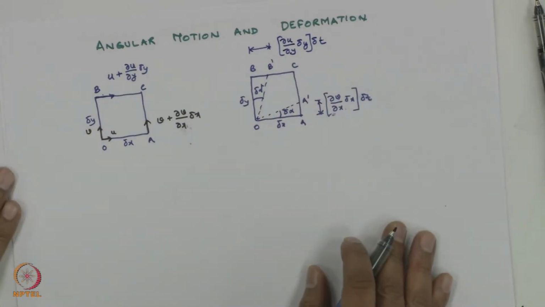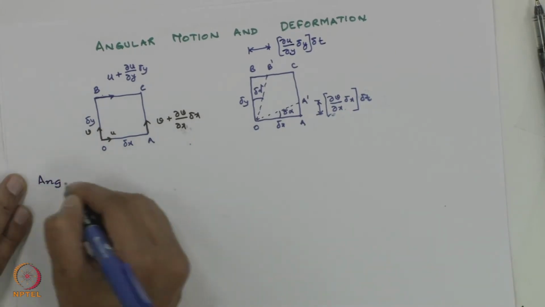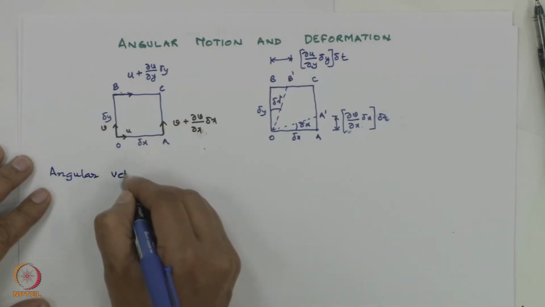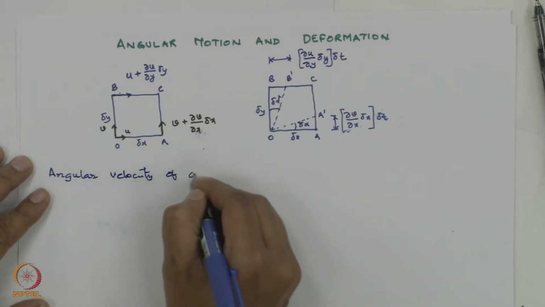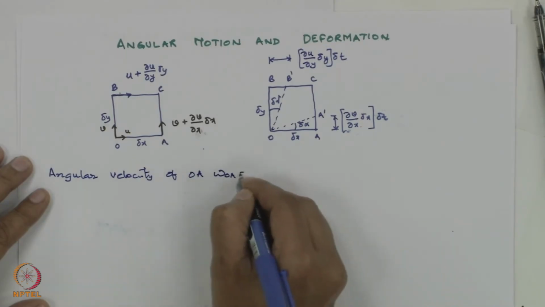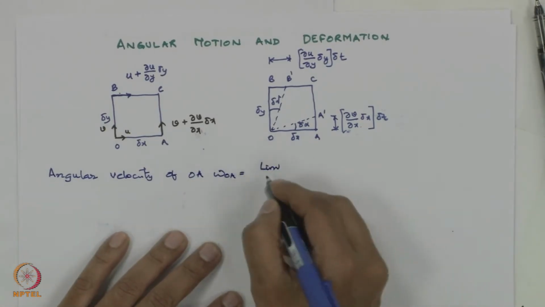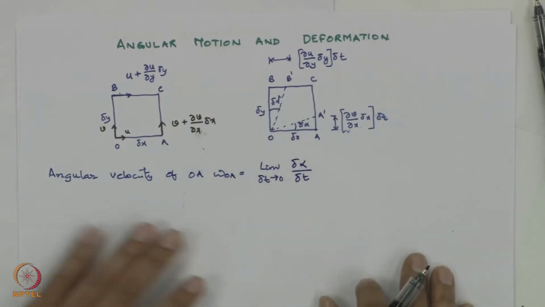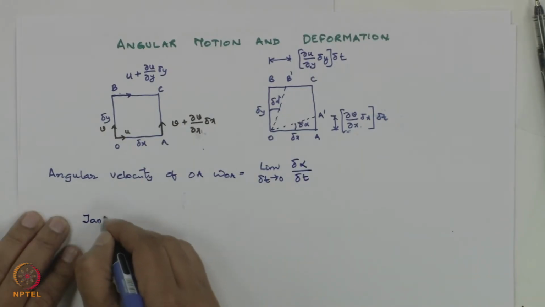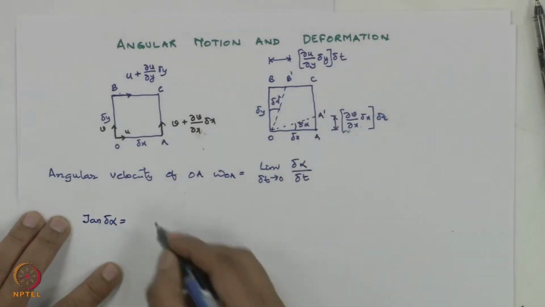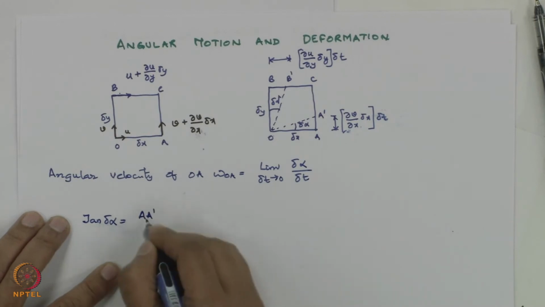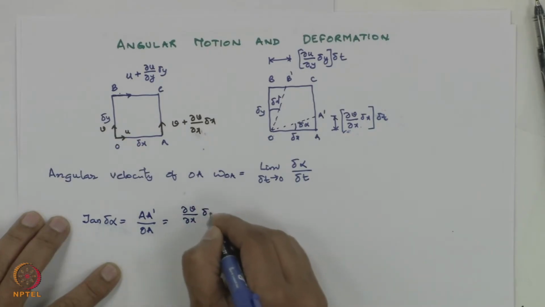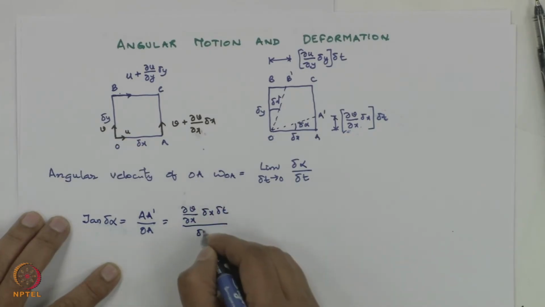Now, the angular velocity of OA is ω_OA, equal to the limit as δt tends to 0 of δα/δt. See, what is tan δα? Tan δα is opposite by adjacent, that is AA prime upon OA, where AA prime is ∂v/∂x δx upon δx.